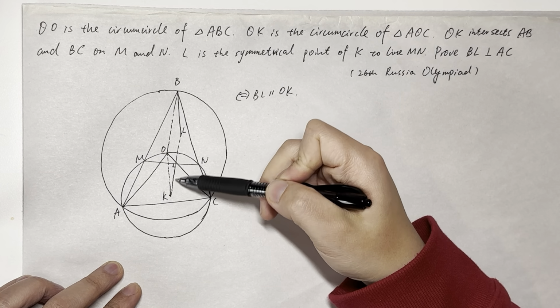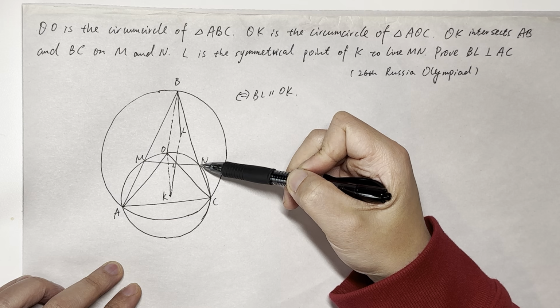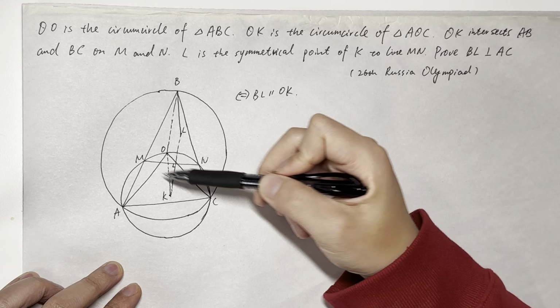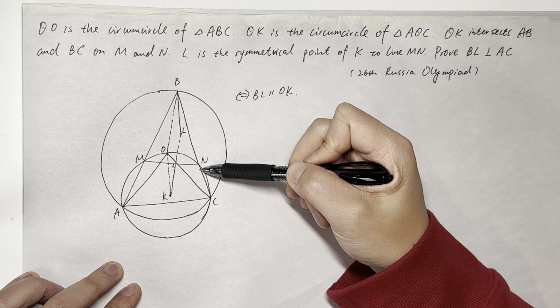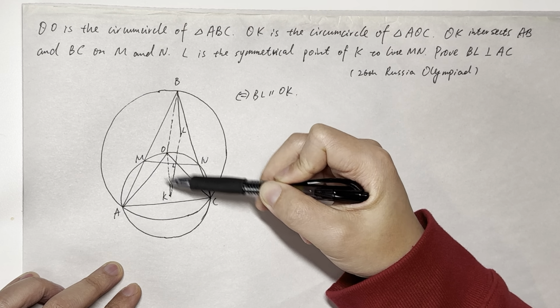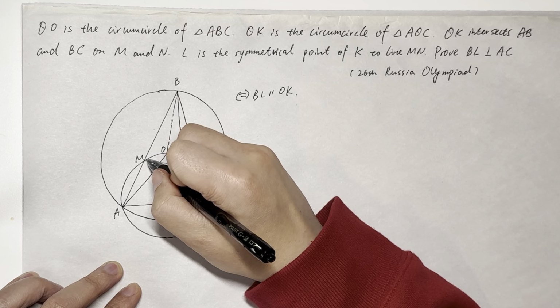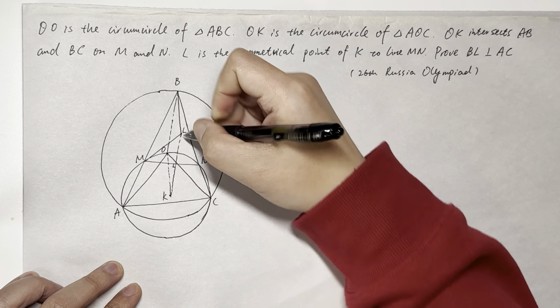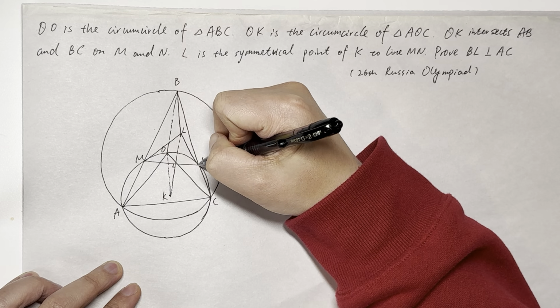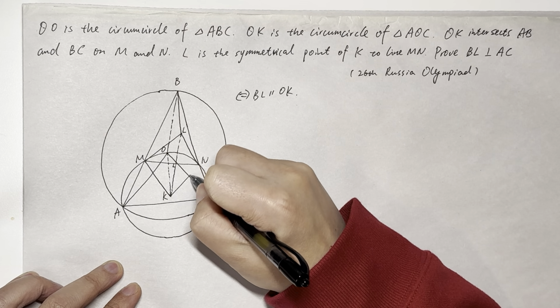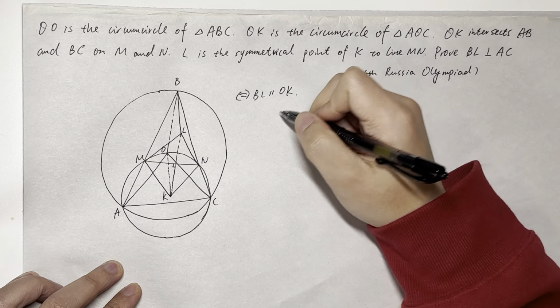Okay, so LK is perpendicular to MN, and because KM equals KN, and L is the symmetrical point of K to MN, we know that LM equals LN equals KM equals KN, right?